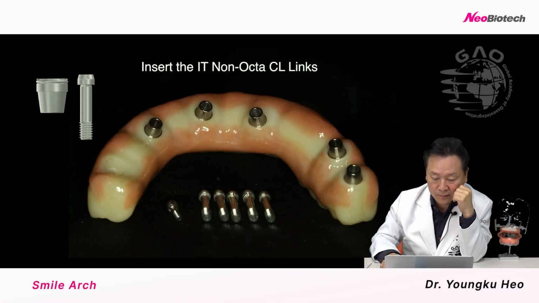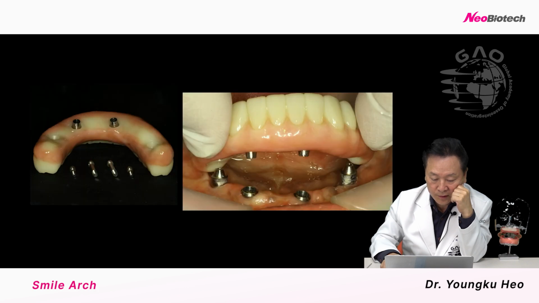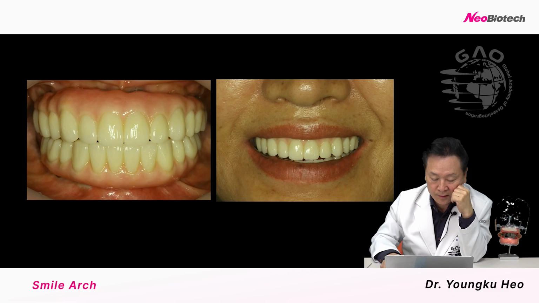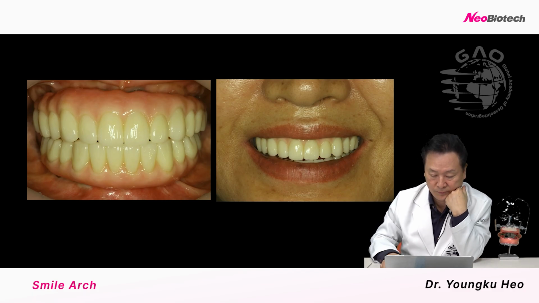Okay, this final restoration is ready. We put the non-octa CL link in the final restoration, set it into the mouth and just tighten. We check the fit. So this is the final.